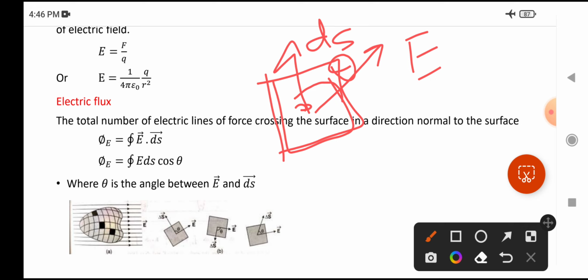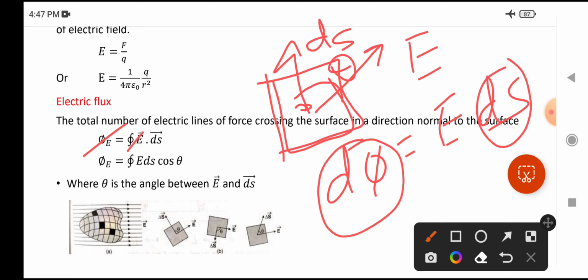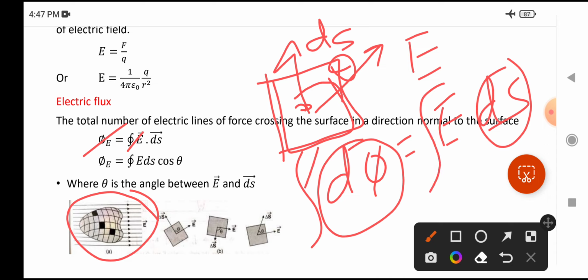Then it can be written as d phi equals E ds, because a small flux is present in a small area. If you want the total flux, simply integrate on either side. Integration and differentiation cancel, and we get phi equals integral of E bar dot ds bar, where the dot product is present.